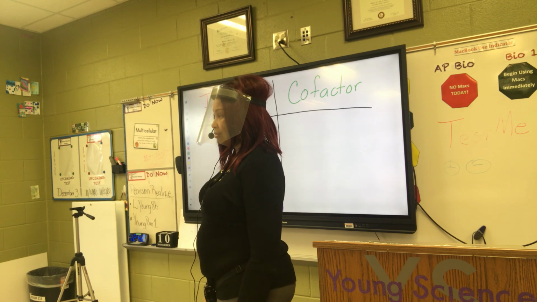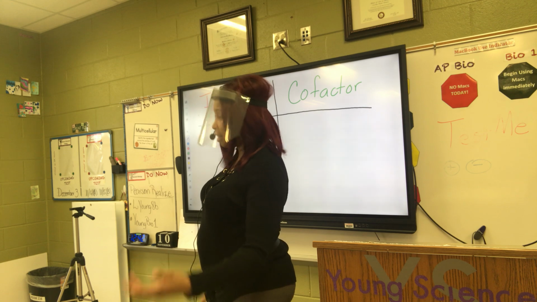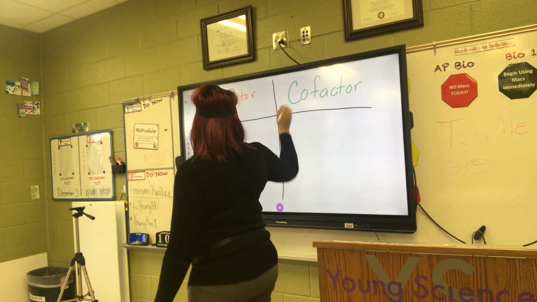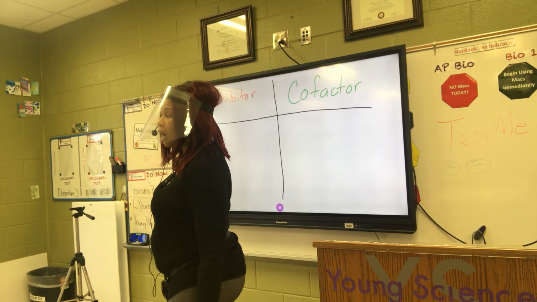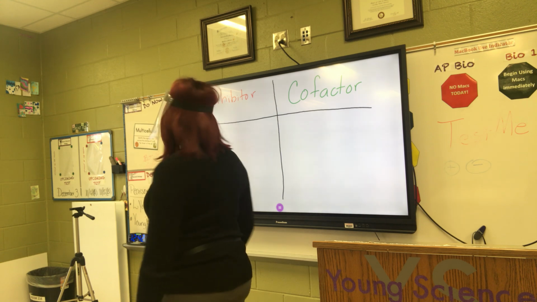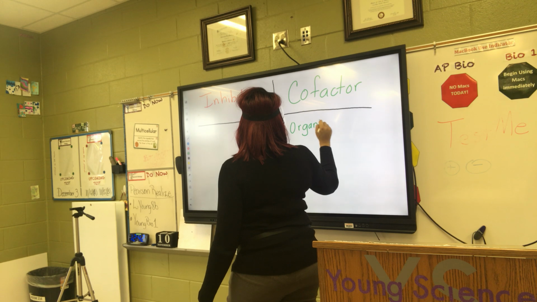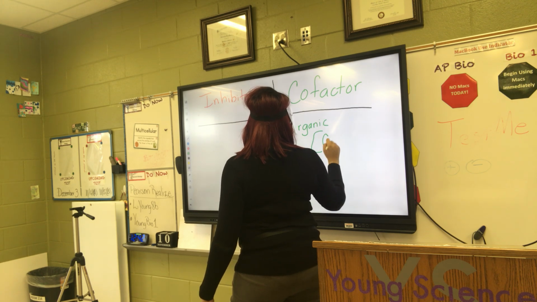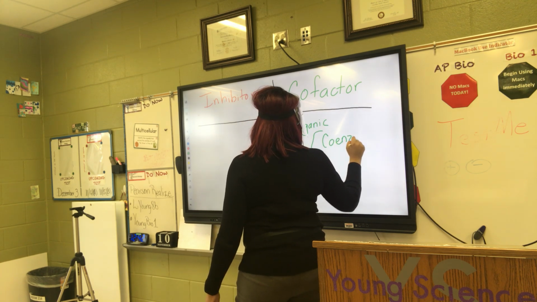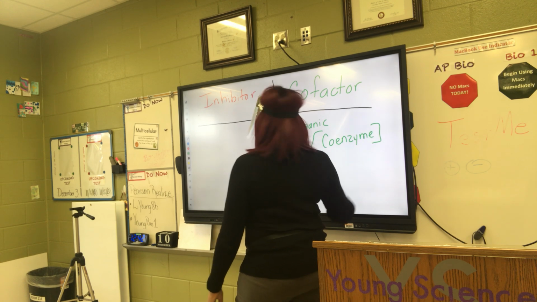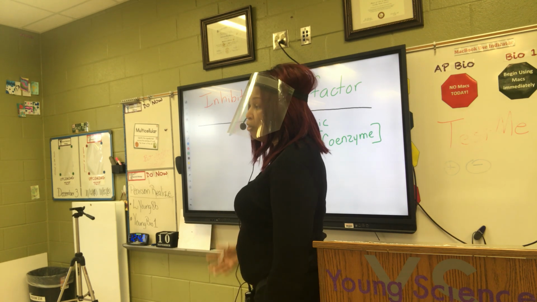What's the difference? Organic has a carbon. Organic has carbon. If it's an inorganic cofactor, we call it a cofactor. That's it. If it is organic, we call it a coenzyme. Coenzymes are just organic cofactors.